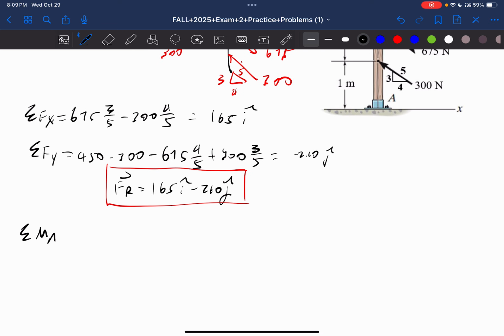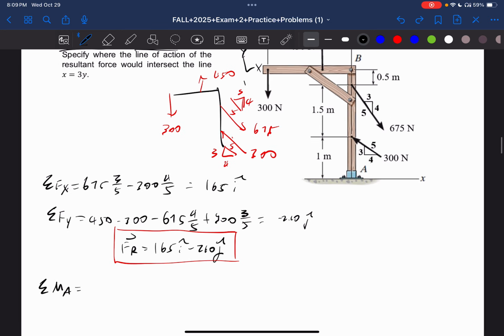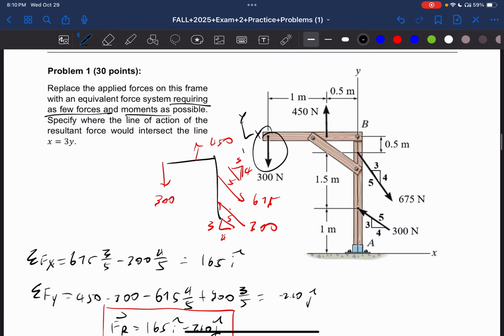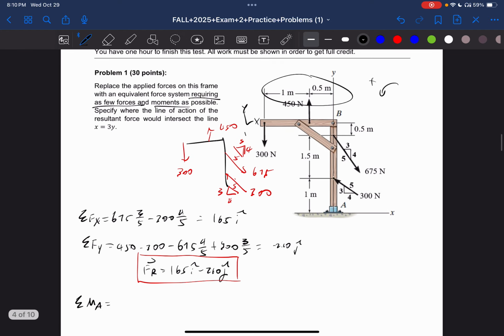The sum of the moments about A is going to be equal to, so these two are obviously going to cause a moment. Let's just do it simple. This one right here is going to cause it in this way, which is positive. So it's going to be 300 times the moment arm, which is 1.5.